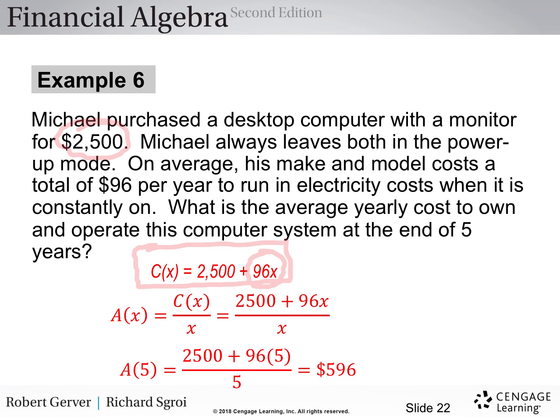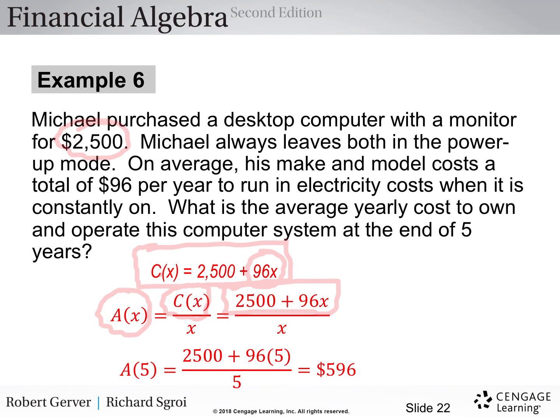All right. So now, we want to find what is the average yearly cost to own and operate this computer at the end of 5 years. So we're going to create a new function, a of x, and that's simply equal to the cost of the computer, c of x, divided by the number of years, okay? So c of x is simply equal to 2,500 plus 96x, which remember is the cost of the computer plus the average cost per year in electricity.